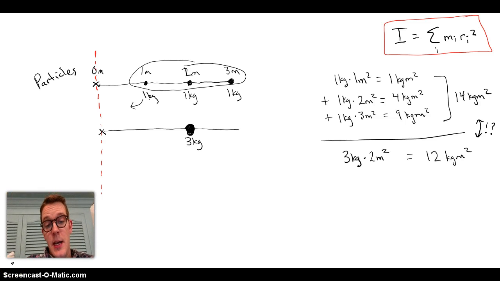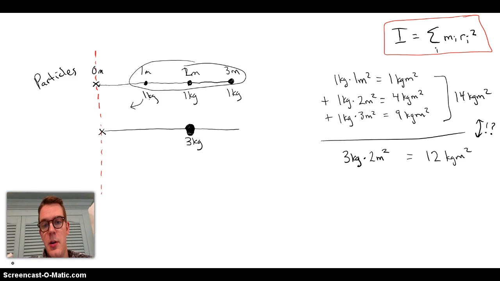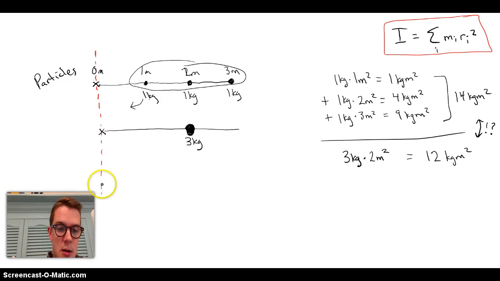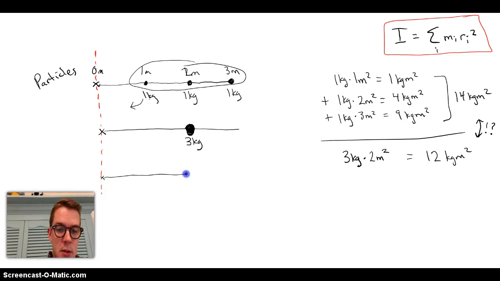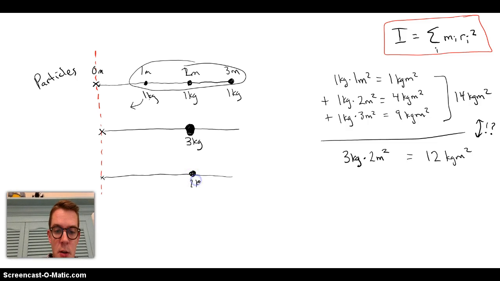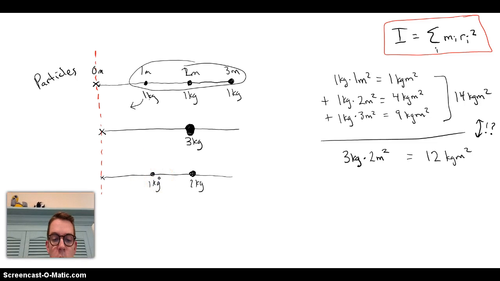So one way we could try to answer this is to try and reverse the process and break apart the 3 kilograms. So let's try and do that. So let's do this. Let's break off 1 kilogram of that. Let's say we're going to keep 2 kilograms here, but let's move 1 kilogram back to here, to the 1 meter mark.